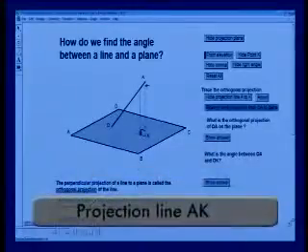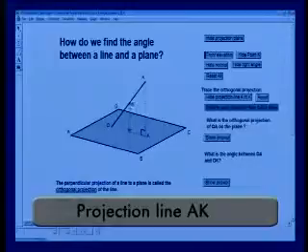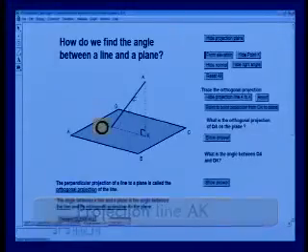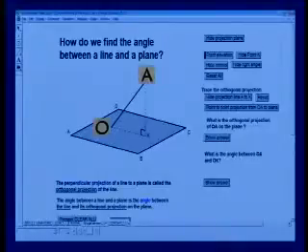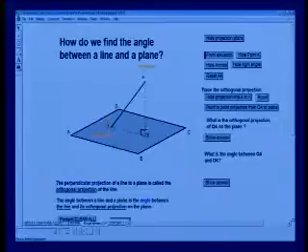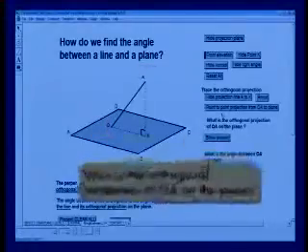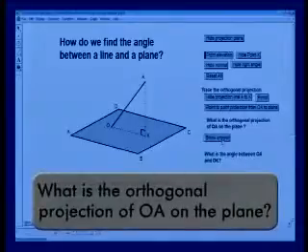All the points here will be projected on the plane. Did you notice that? So this OA is projected on the plane. What is the orthogonal projection of OA on the plane?